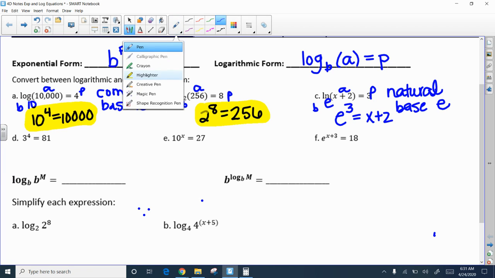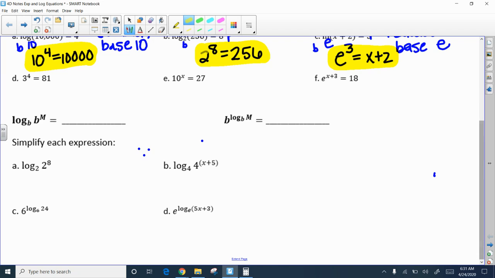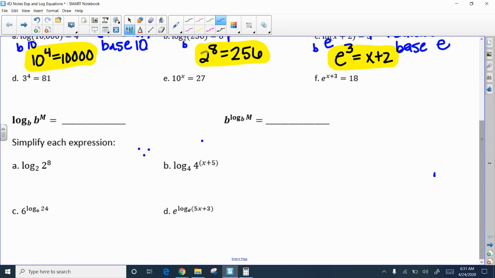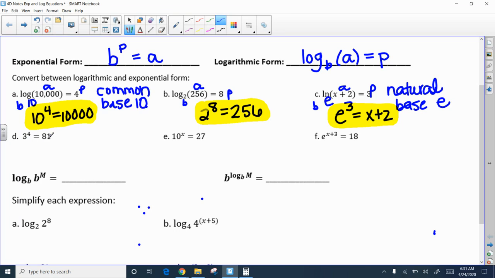Okay, so those three were in logarithmic form. We had to change them to exponential. If we look at B, this one is 3 to the 4th power equals 81. That one is in exponential form. The way I know it's in exponential form is it has a base and it has an exponent. So this is the b to the p power equals a.